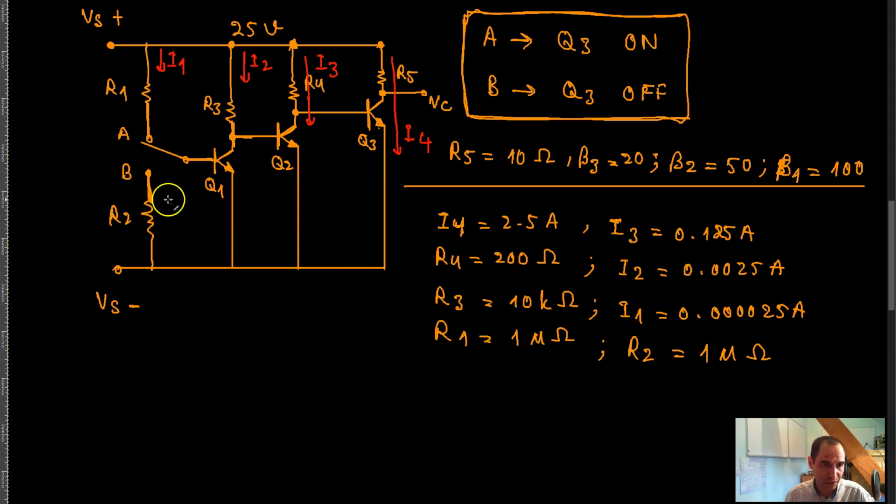Usually they arbitrarily choose some value which is the same value that is present in the circuit, because the fewer different values of components you have in a circuit, the easier it is to put together a circuit.